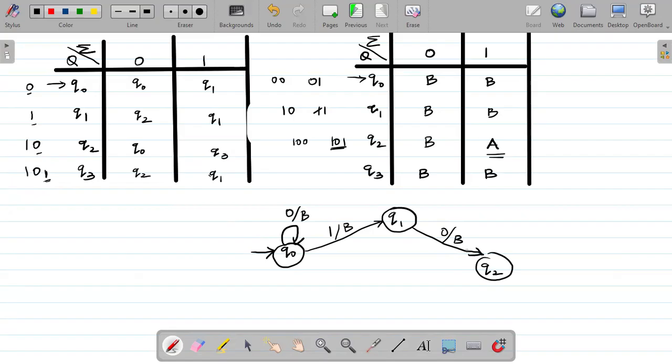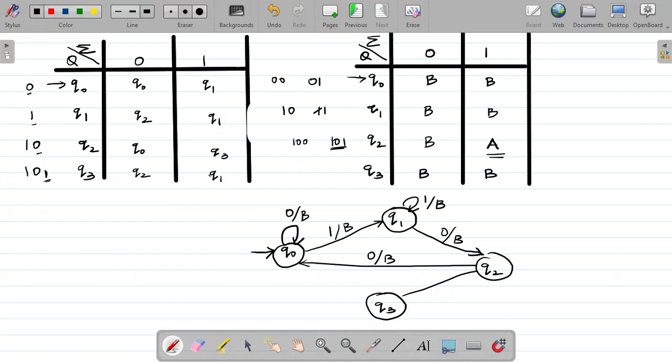So that is the difference in Mealy machine. Q1, when we get 1 as the input, we have output associated as B. Q2, when we get 0 as the input, we move to Q0. Output associated is again B. Q2, when we get 1 as the input, we move to Q3.